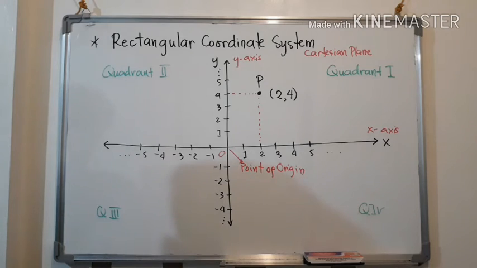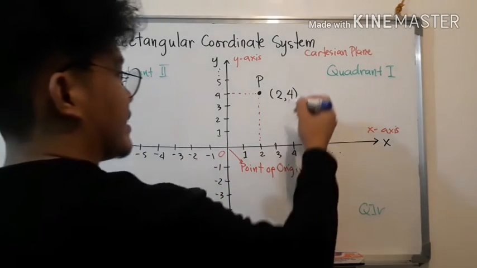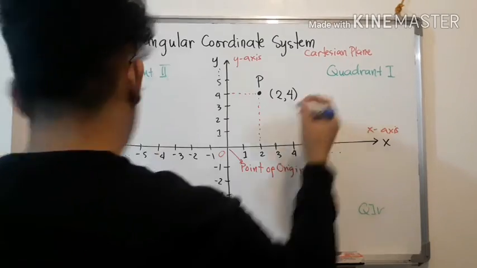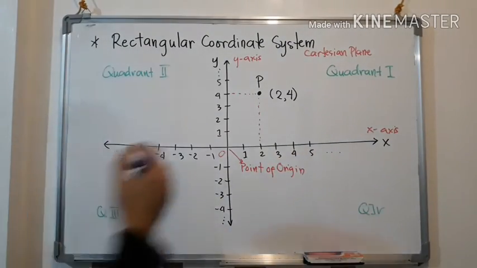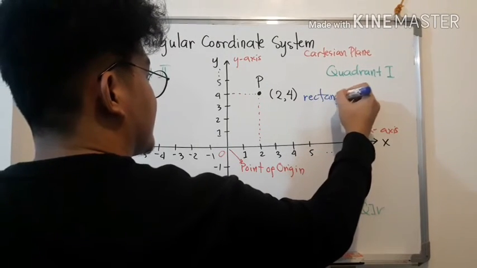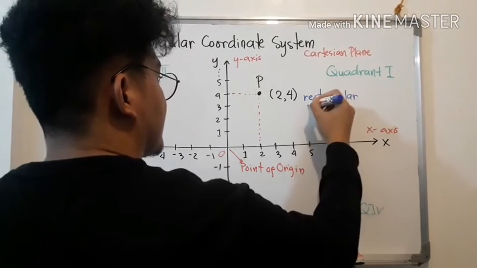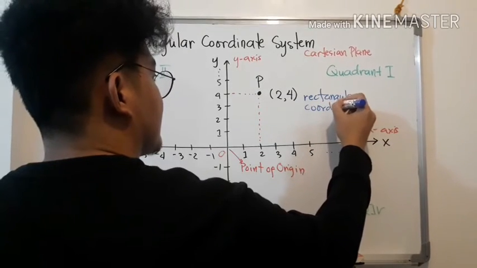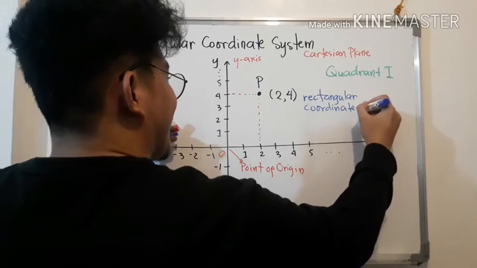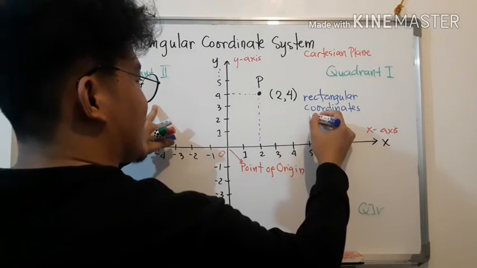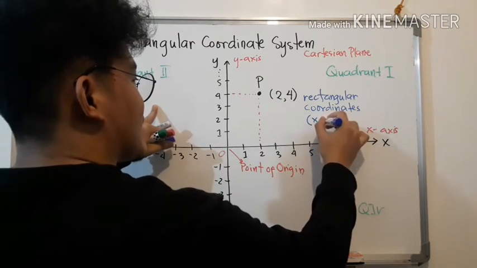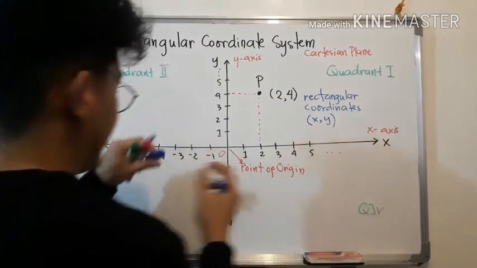We call this 2, 4 the rectangular coordinates. Sorry, my board is moving. Rectangular coordinates are expressed as the ordered pair (x, y).